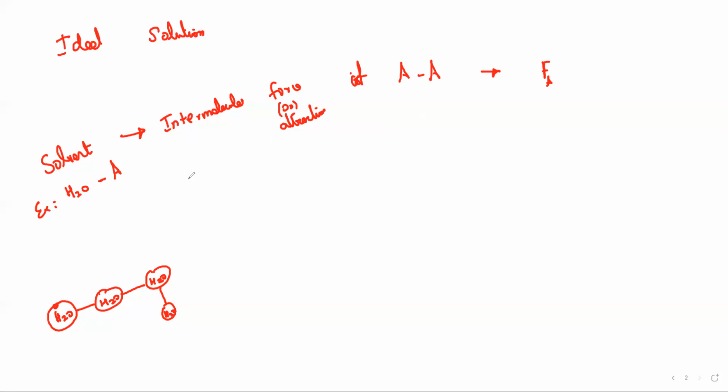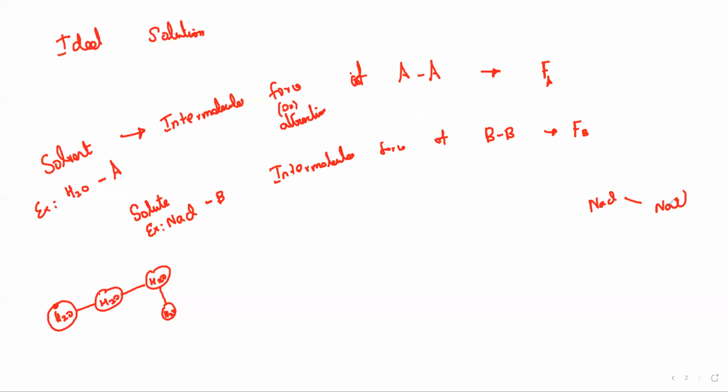Now you are going to add a solute. Let the solute be sodium chloride. I can name it as B. Now the intermolecular force of B to B, we can name it as FB. That is sodium chloride and another sodium chloride and another.